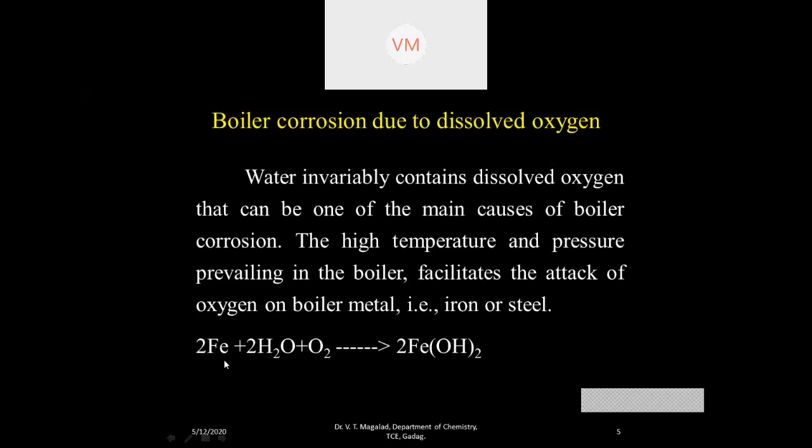Boiler means hot water, so at high temperature, in the presence of dissolved oxygen, corrosion occurs. High temperature is one of the factors affecting the rate of corrosion; as we studied earlier, as temperature increases, the rate of corrosion also increases. At high temperature and high pressure, oxygen attacks the iron or steel, which slowly undergoes oxidation to form iron hydroxide.